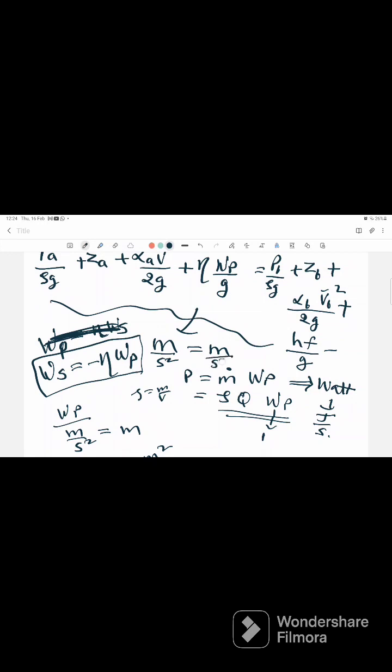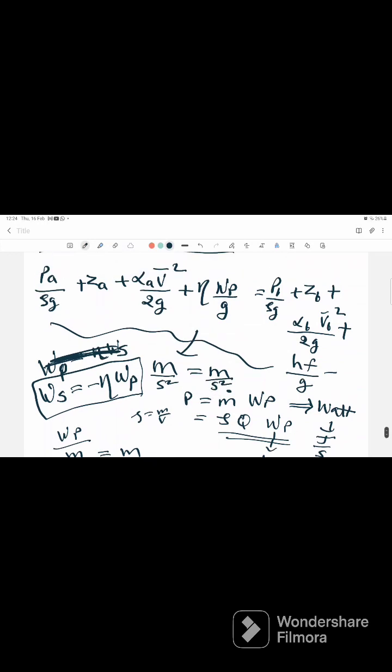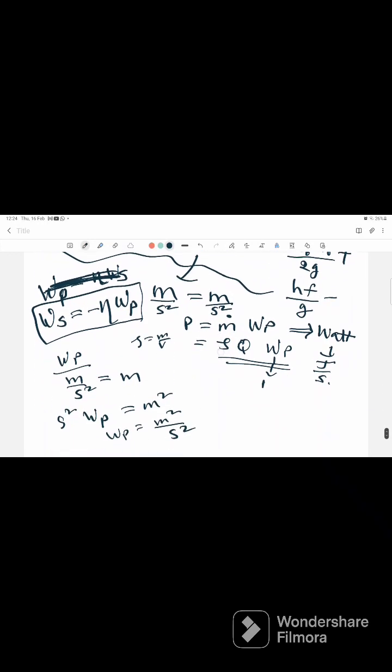Meter per second square, meter per second square, this whole term are in meter per second square.